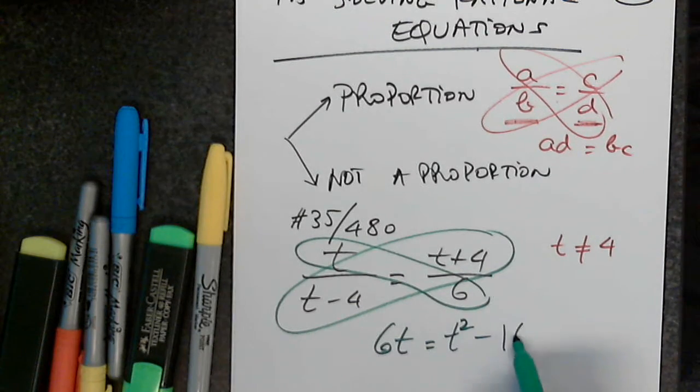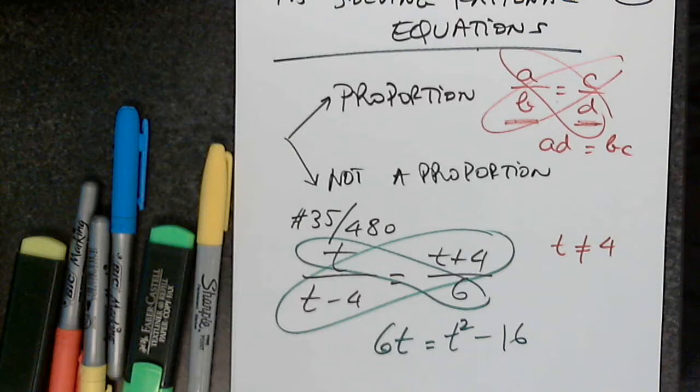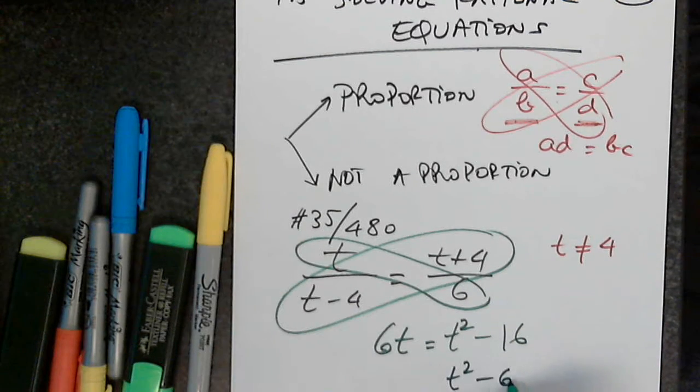Very good. Now I have to ask myself, what type of equation is this? Initially I had a rational equation, which was a proportion, but now I have something else. What is this something else? Quadratic. How do I solve a quadratic equation? Very good. So t squared minus 6t minus 16 equals 0.